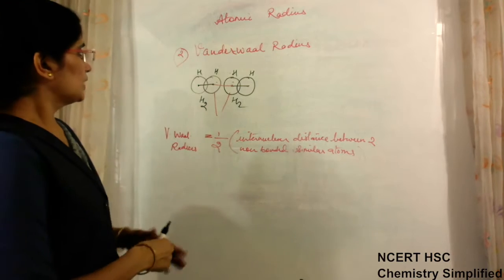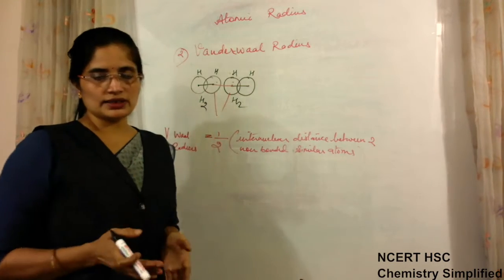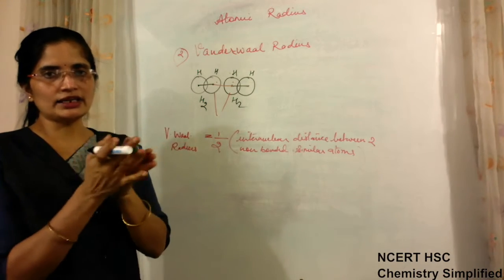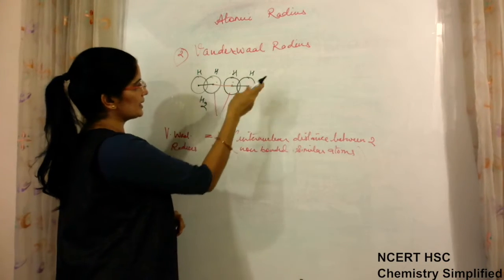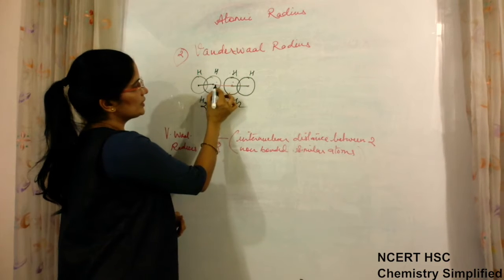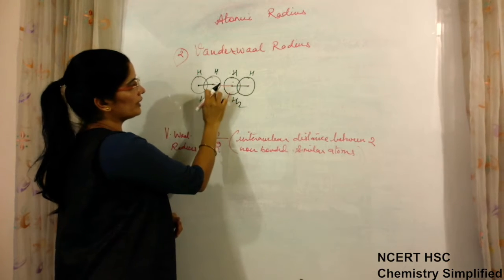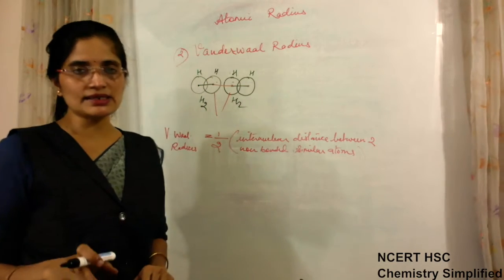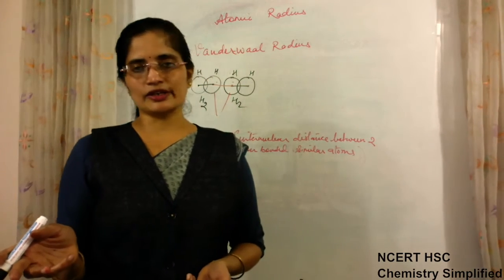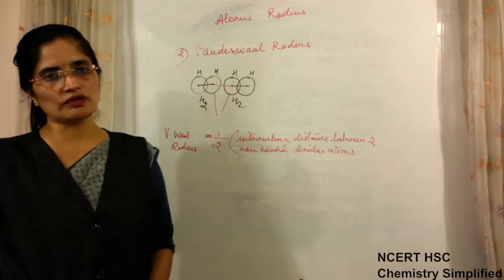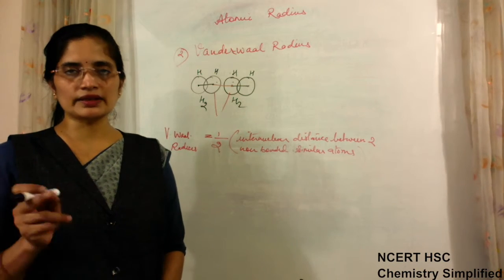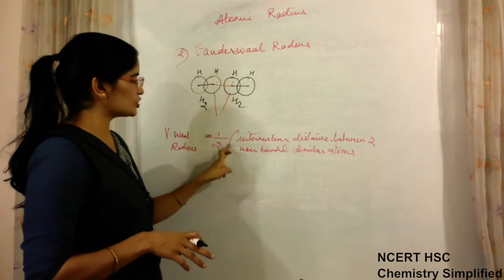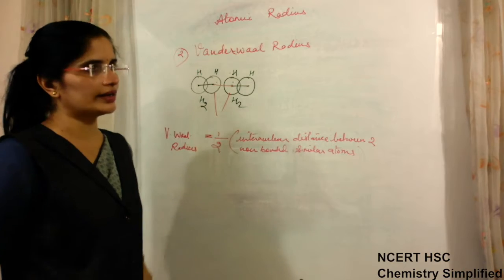Means whenever molecules of a substance are there, they are always in bulk and they are placed side by side to each other. So when these are placed side by side, the distance between the two non-bonded atoms of the same element, not a different element, because if the elements are different, sizes will be different, so we cannot take the half distance of that. Half is only possible when the elements are of the same substance. Okay, so half the distance of this will give the value of van der Waals radius.